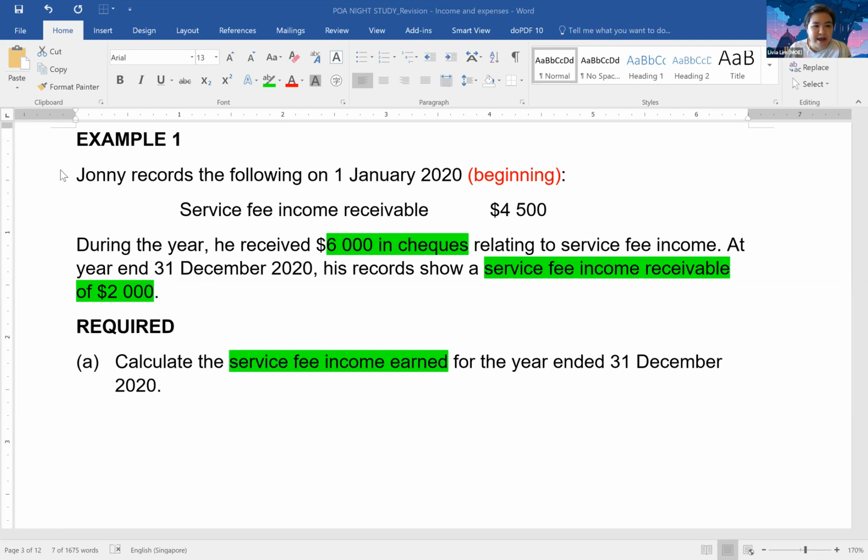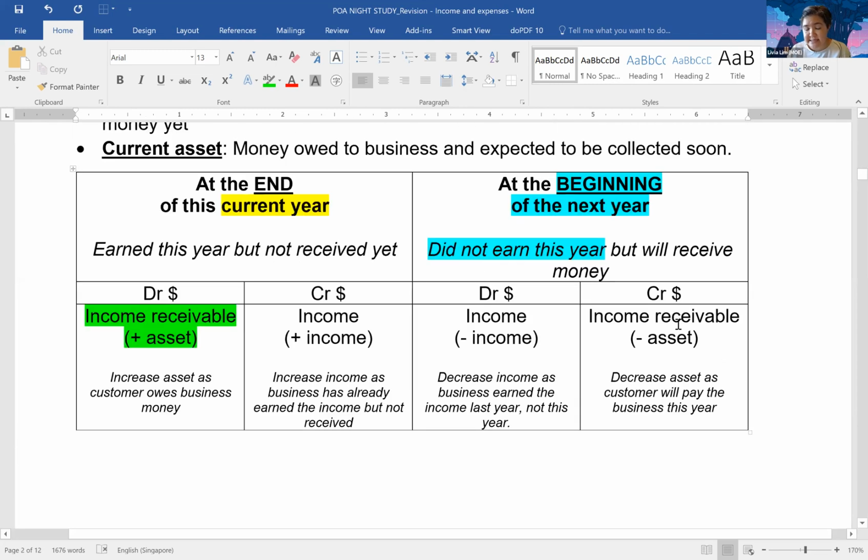So firstly, we need to think to ourselves, at the beginning of the year, there was this service fee income receivable. Is this $4,000 going to be earned this year? So I look at this double entry.